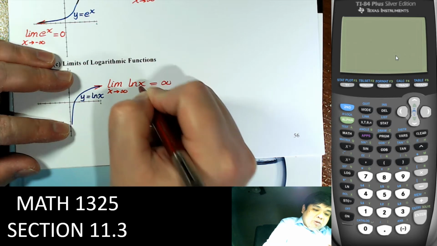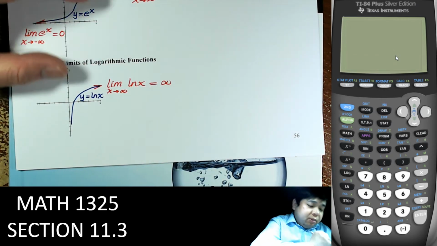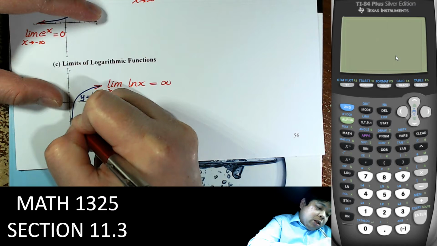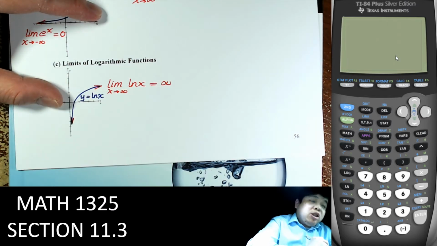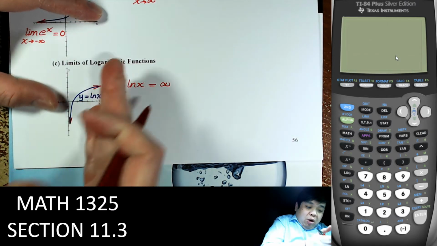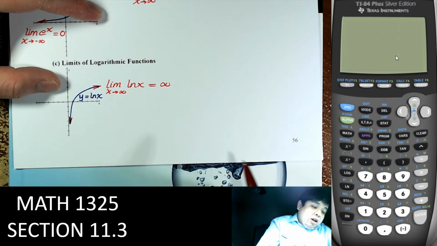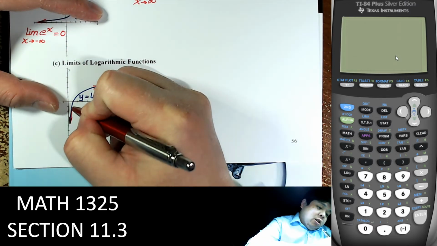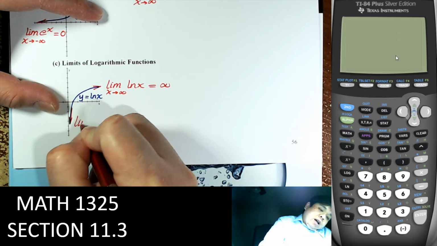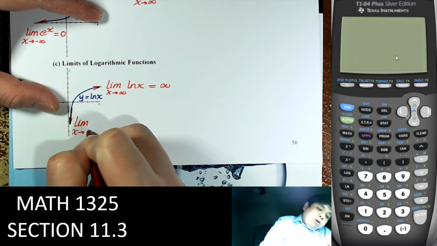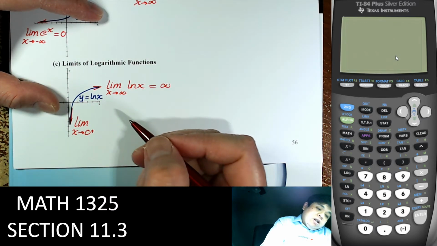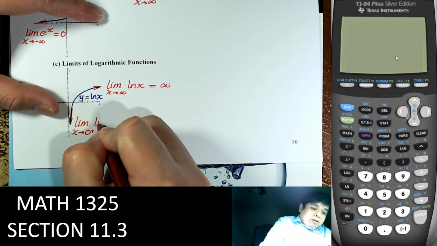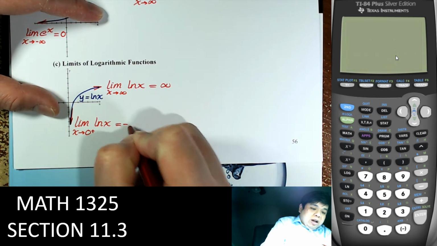So ln of infinity is infinity. Now, notice that ln of x is only defined for x being positive. So the graph is only on the right side of the y-axis. So we say as x goes to 0 from the right hand side, ln of x is equal to negative infinity.